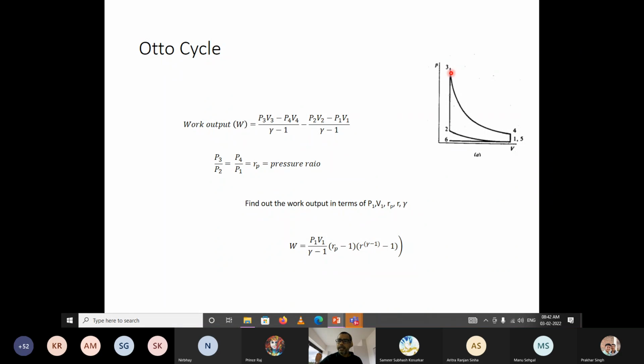Then the work is (P3V3 minus P4V4) divided by gamma minus 1, and the other area will be (P2V2 minus P1V1) divided by gamma minus 1.